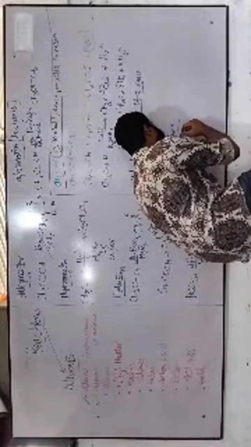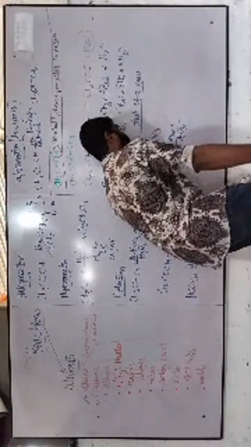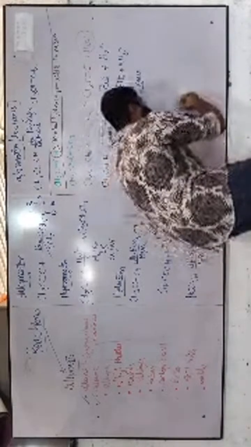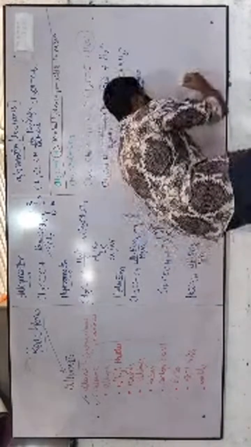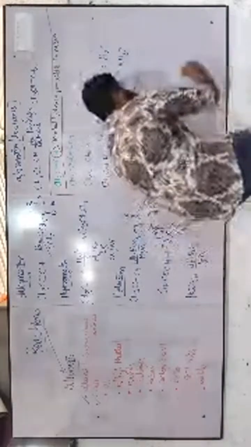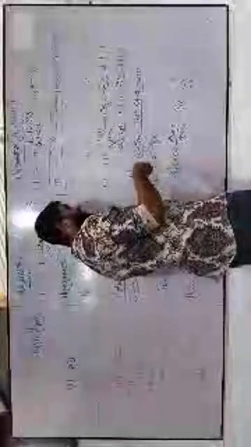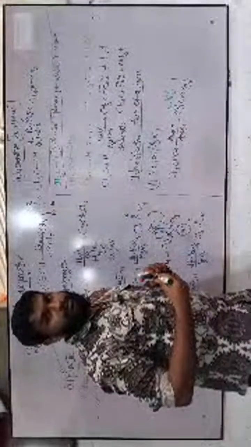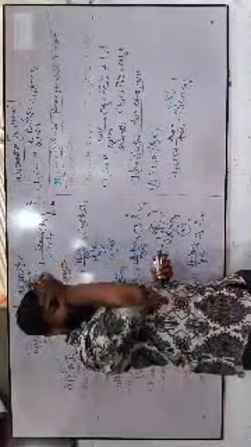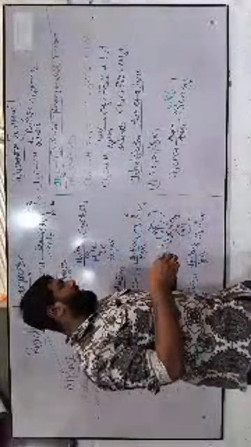Ammonium hydroxide and AgNO3 will give you CH3 C triple bond C Ag, which is a precipitate. The precipitate color is white. Understood? This is one way of identifying the acidic alkyne.